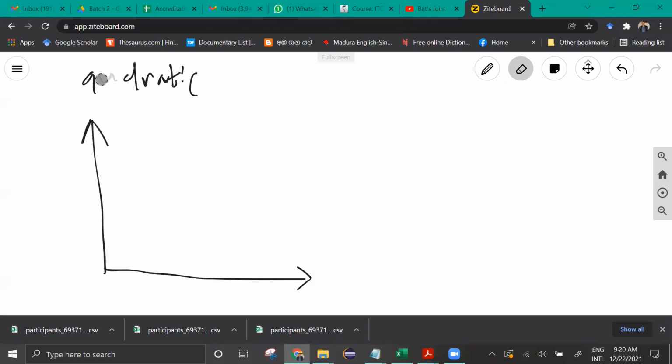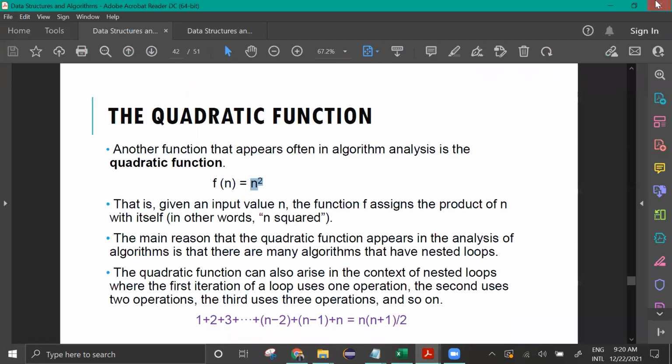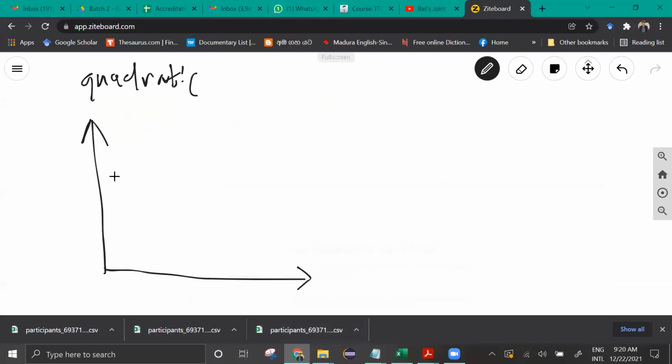So I missed a quadratic. Okay. Quadratic function.